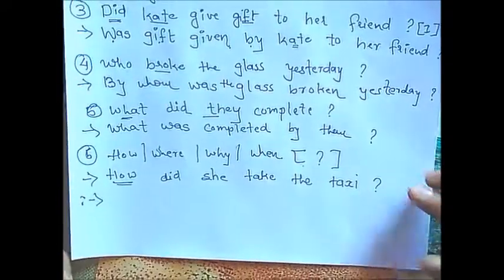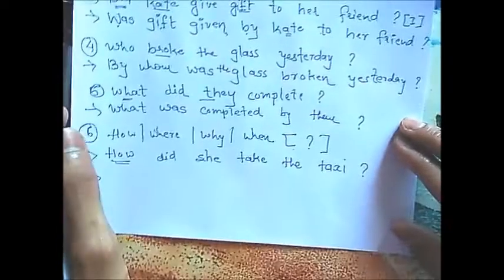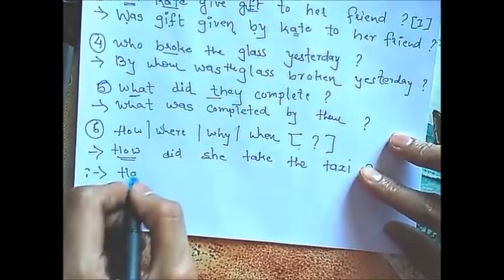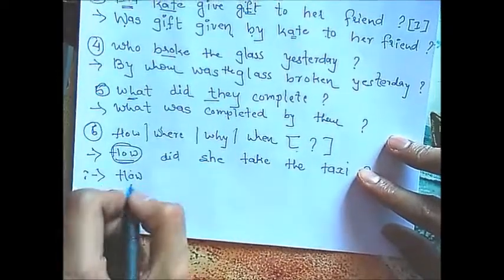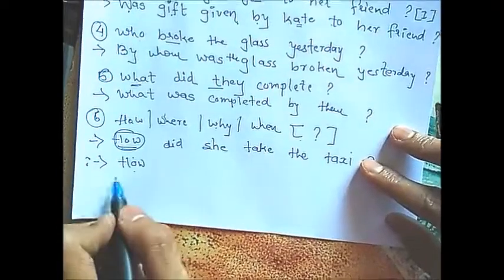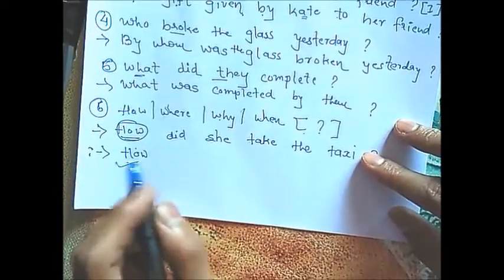Okay, in this kind of sentence, in the very beginning of the sentence, you have to put the given question word itself, whether it is how, where, why, when, whatever. So here I have put how.